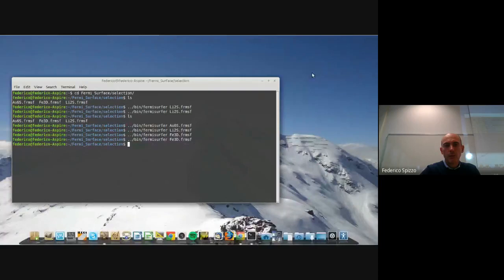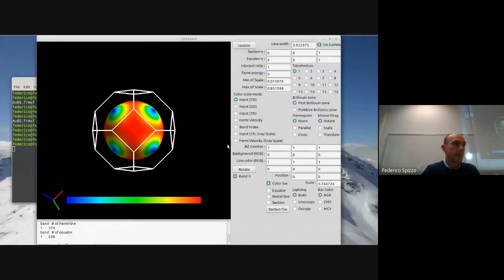Differently, if you want to see those plots here, this is a free program to look at the Fermi surfaces. I will put the web address where you may download it, also for the different Fermi surfaces of metals or compounds.